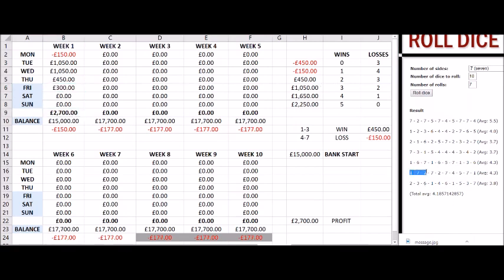Saturday, I actually had 3 wins, 1050 minus 150 is 900. And then on the Sunday, 3 wins, and then a loss because the next one is a loss. So 1050 minus 150 equals £900.